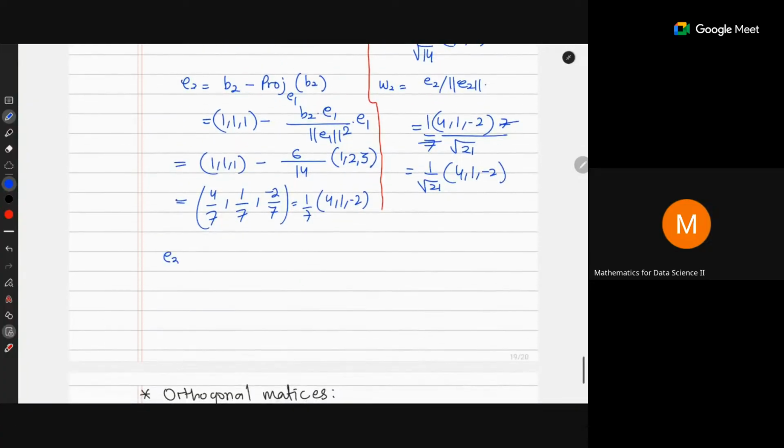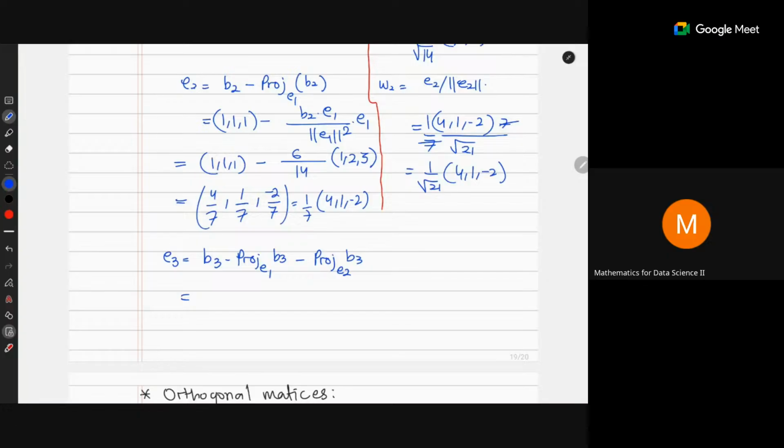Now for E3, you start with B3 and remove the projection in the direction of E1 and then in the direction of E2. So you need to remove the projection in both directions.